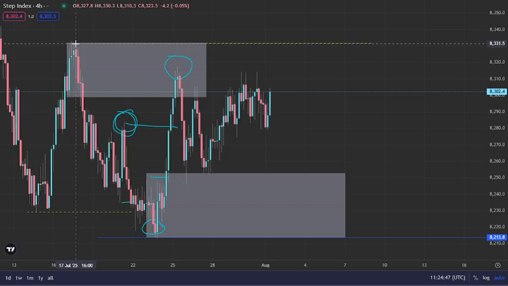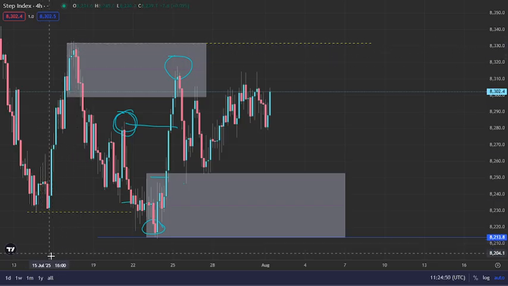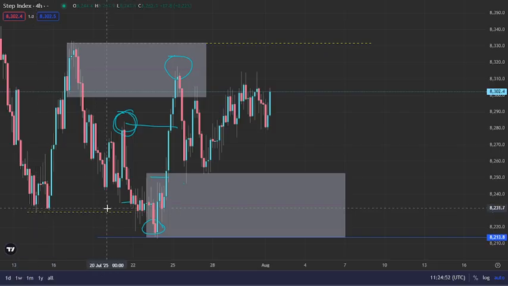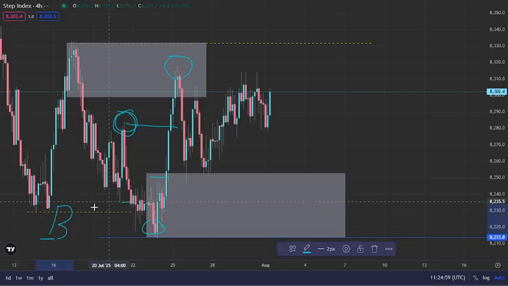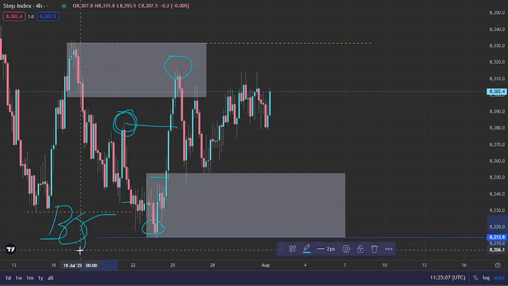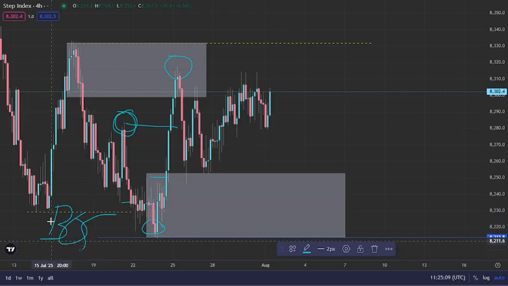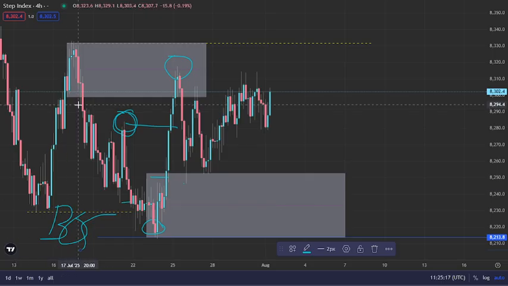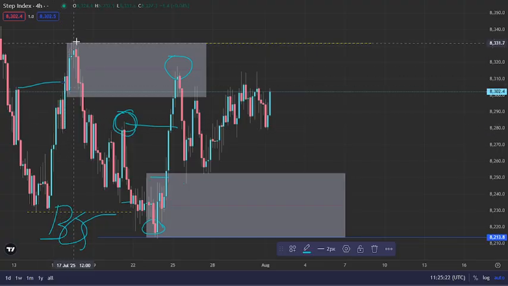So okay, here is the swing structure, here is the swing high. We have this break of structure here. Here is a BOS. A BOS is a break of structure. So we have a BOS here, we have internal structure.